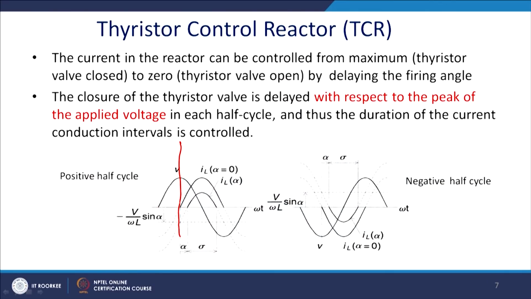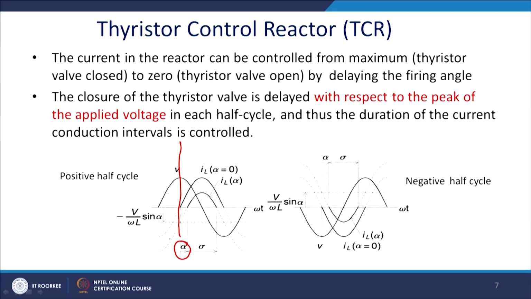Since there is a phase lag of the current by 90 degree, alpha can start only after 90 degree. Thereafter you give a delay, this value is alpha, and it will start conducting for the period sigma. From there we can calculate what should be the value of the current and how much reactive power is being absorbed or produced.